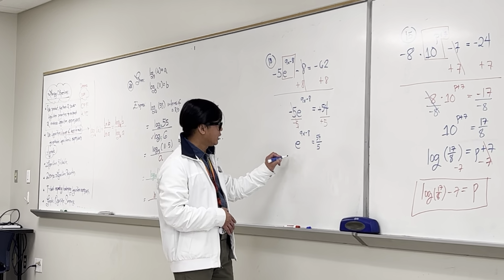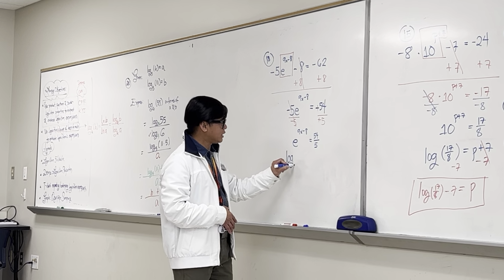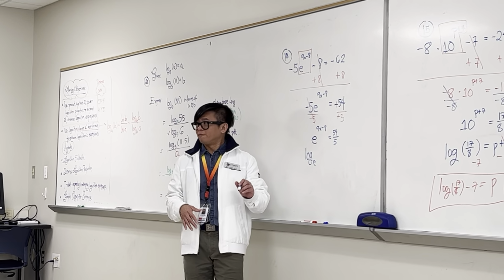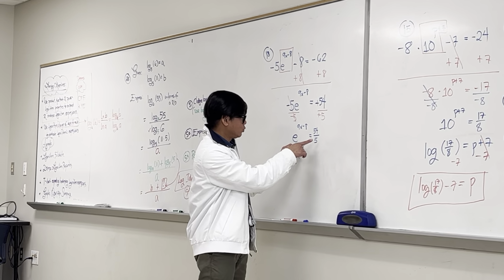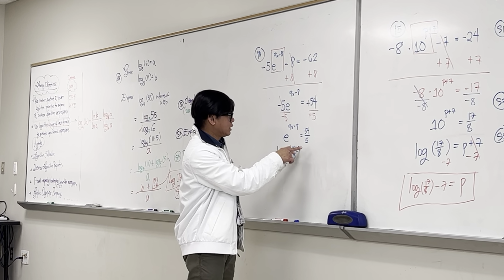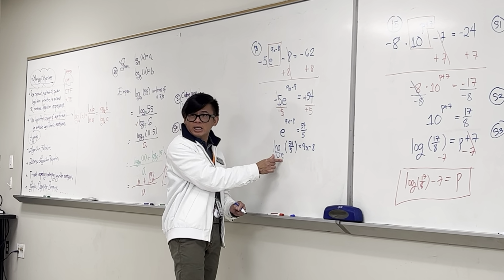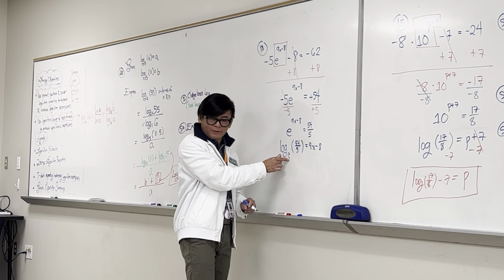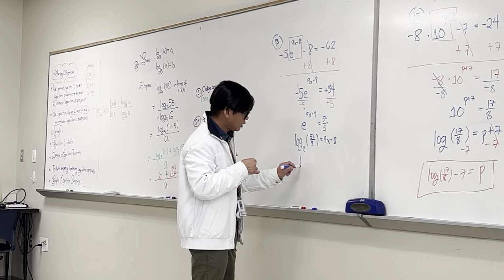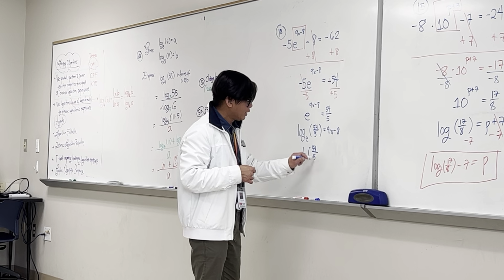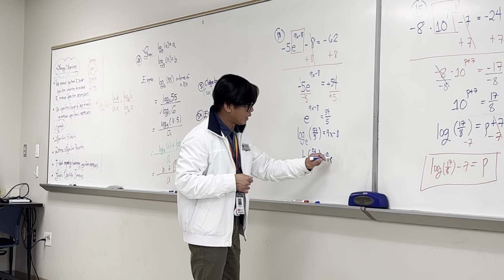If you see log base e of 54/5, this is equal to 9x minus 8. By definition, if you see log base e, automatically that's ln, natural log. ln 54/5 is equal to 9x minus 8.